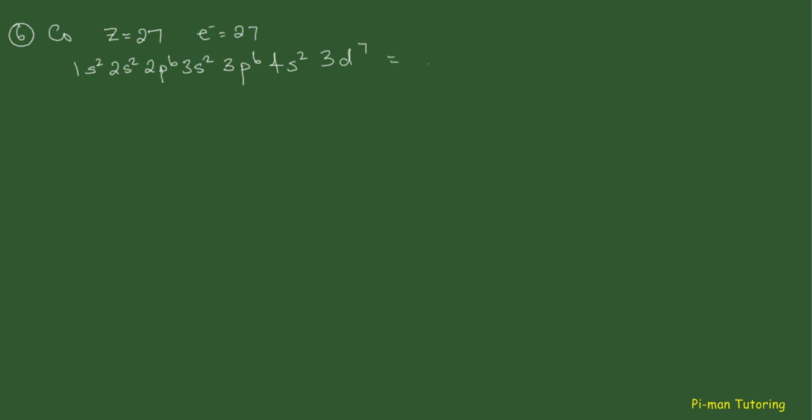And in shorthand we can choose the highest atomic number noble gas below that, which would be this guy here, which is argon. And so we could write this as argon with a 4s2 and a 3d7 added on the end.